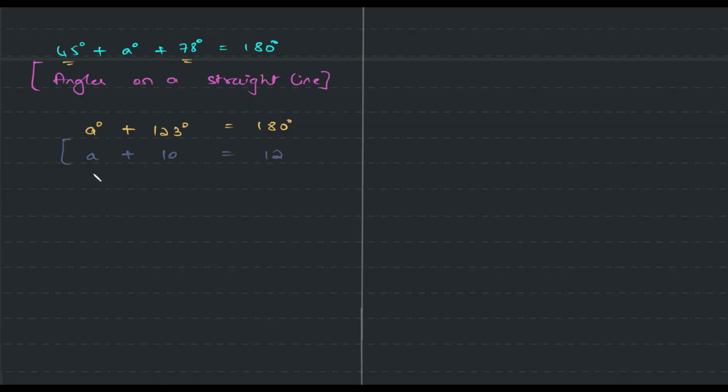How much is a? So 2 basically. I can find 2 in one more way, that is 12 minus 10. 12 comes from here, 10 comes from there. Similar to this, I'll be able to figure out a degree is also equal to 180 degree minus 123 degree, right? Subtracting this from this, or this from that, will give us 57 degree.